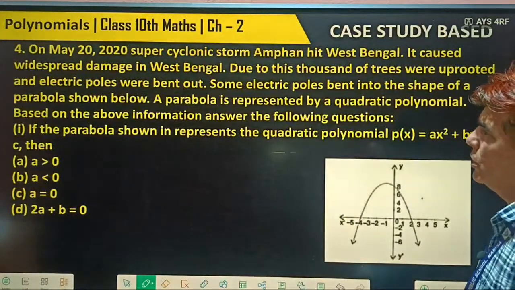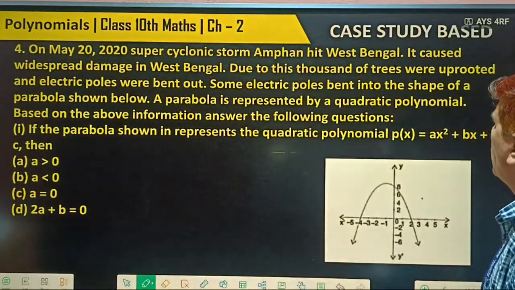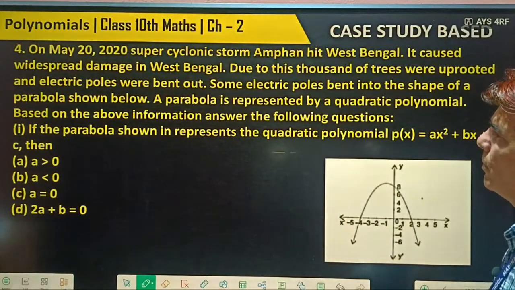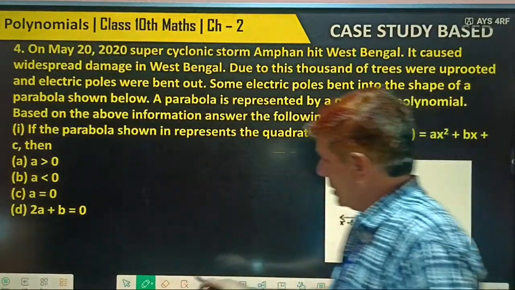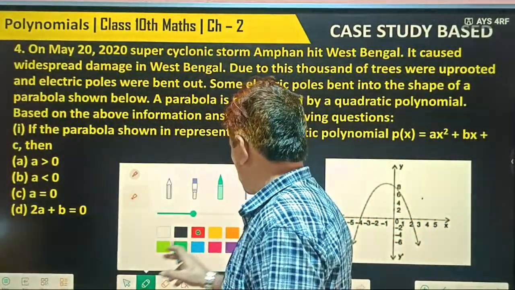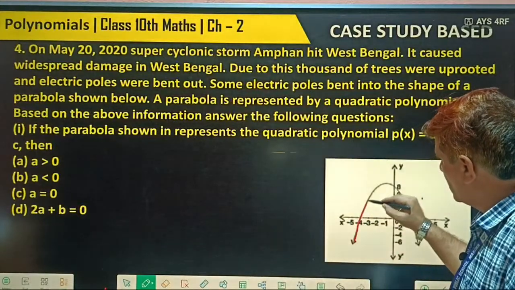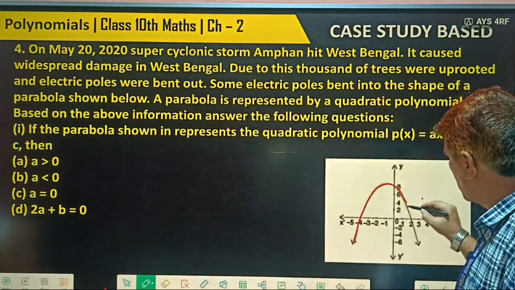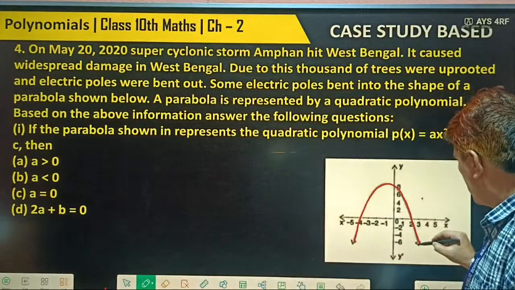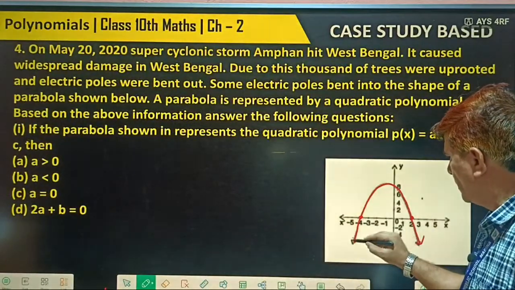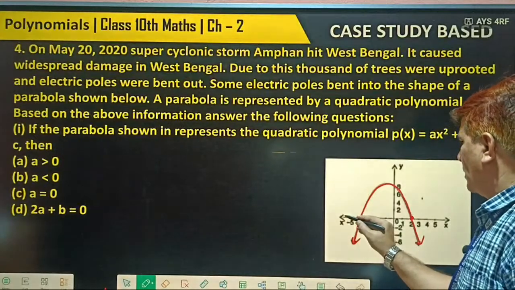Some electric poles bent into the shape of a parabola, like this shape. Their shape became like this, cutting the x-axis here and here.